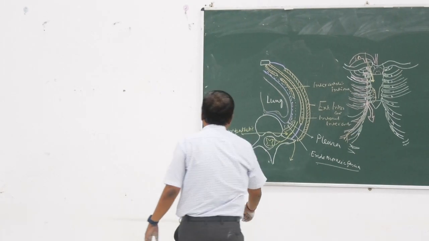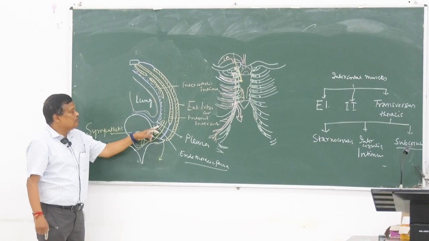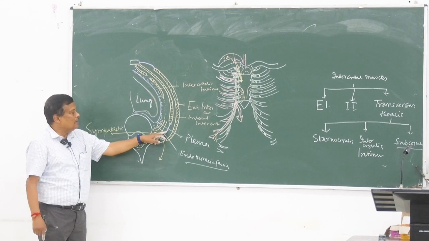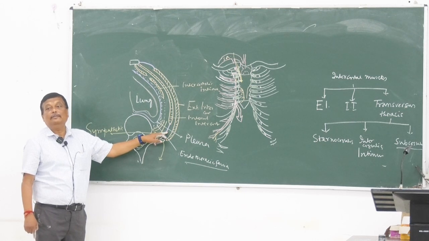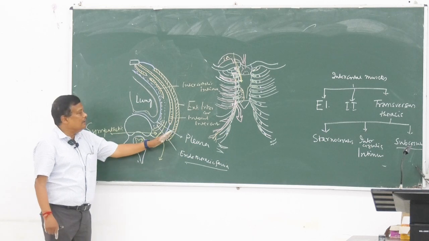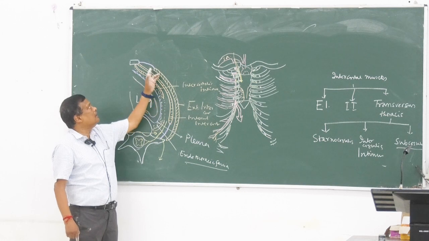So it passes in the lower ribs between the subcostalis and the posterior intercostal membrane. External intercostal muscle is muscular in the posterior part.